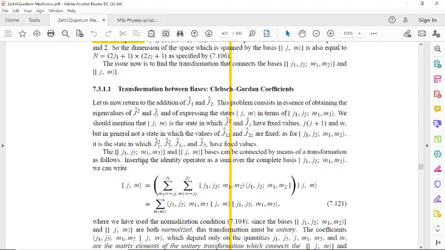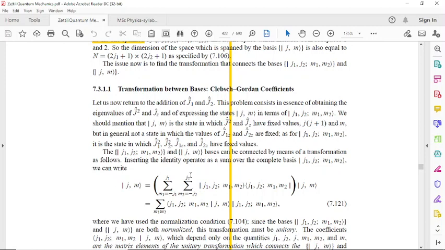The set of ket J1, J2, M1, M2 and the set of ket JM basis can be connected by means of a transformation as follows.